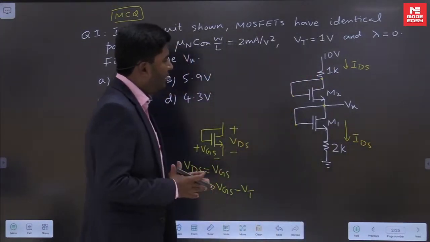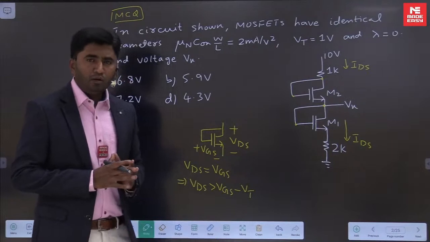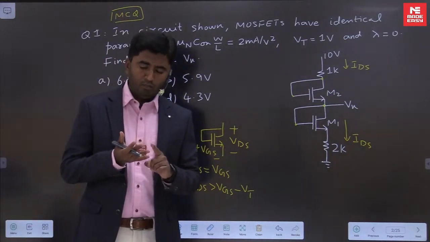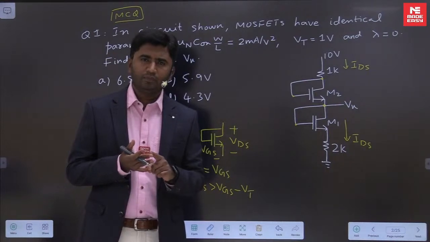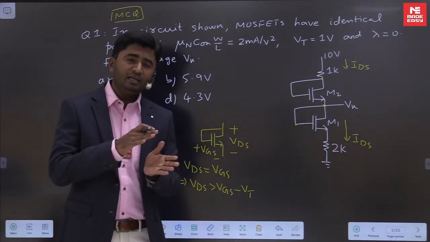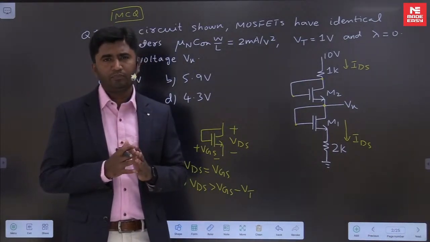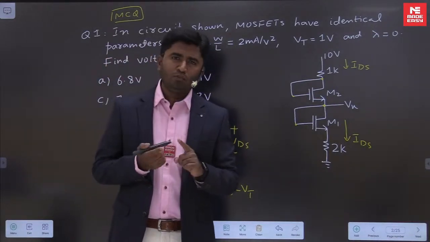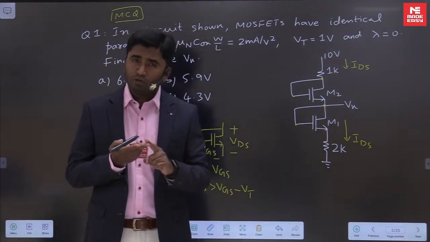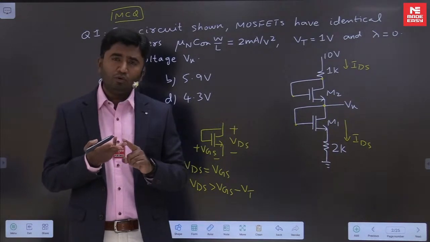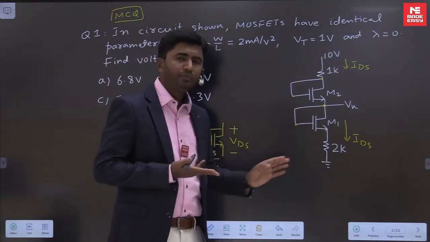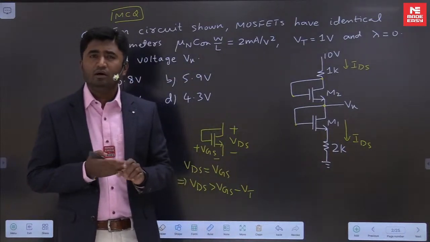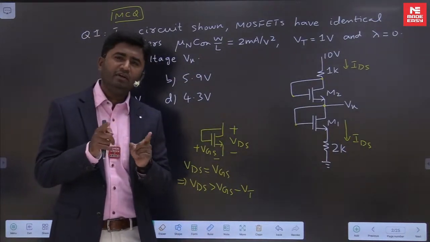Also remember here, MOSFETs are identical, both are in saturation, and both have the same current. Therefore, their VGS values will be equal. Please remember, if two MOSFETs are identical, if both are in saturation, and if both have the same current, then under these three conditions the MOSFETs will have the same VGS.